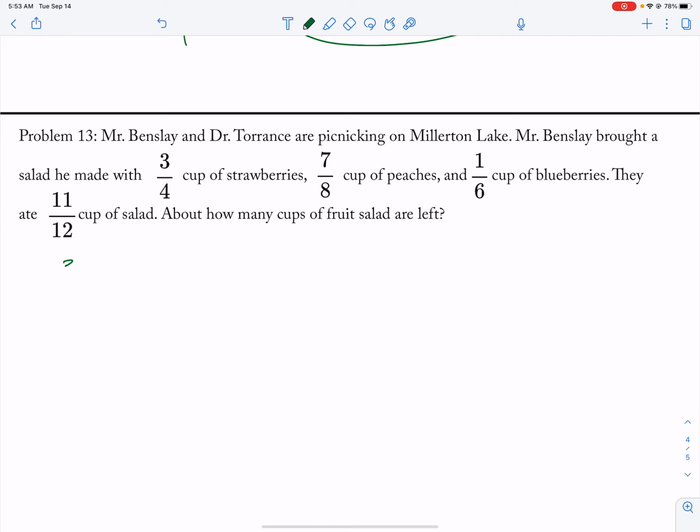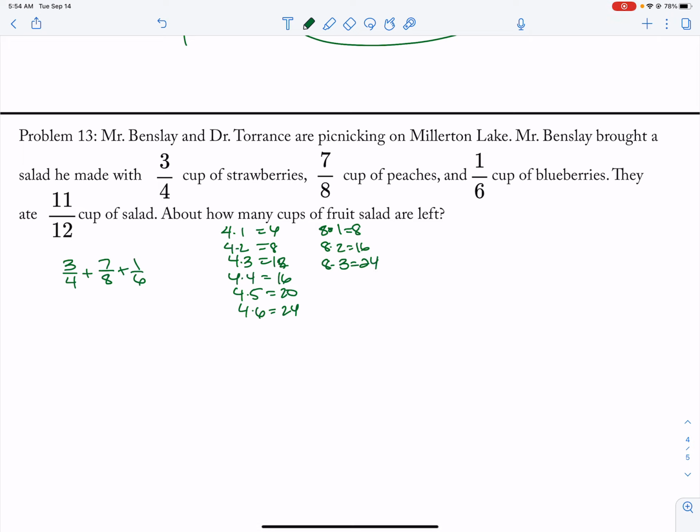So first I need to figure out how many cups he made. So 3/4, 7/8, and 1/6. I'm going to need a common denominator. So remember, we can do 4 times 1, 4 times 2, 4 times 3, 4 times 4, 4 times 5, 4 times 6: 4, 8, 12, 16, 20, 24. 8 times 1, 8 times 2, 8 times 3, so that's 24. 6 times 1, 6 times 2, 6 times 3, and 6 times 4.